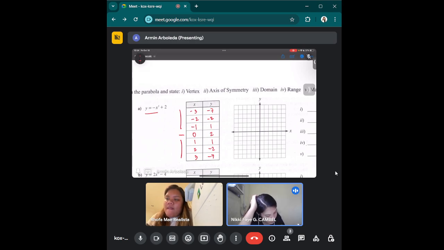Is it facing upwards or downwards? Upwards. Yung A po natin is what? Oh, negative pala, sorry. Negative 1. That's why it's gonna be facing downwards. Even if we don't assume, the values that we're gonna plot is gonna give a downward plot anyway.